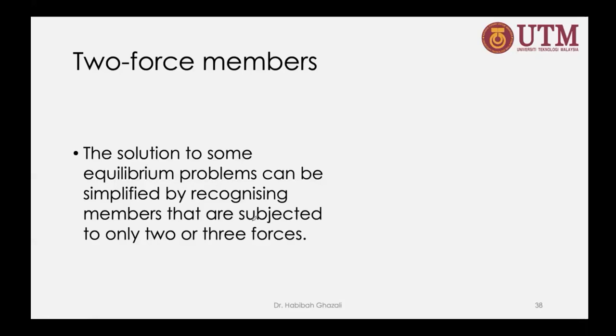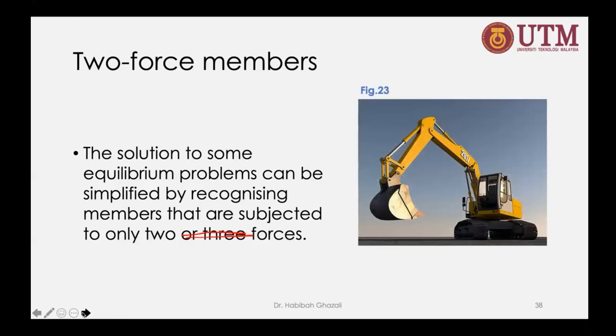It's not 3. There is also a 3-force member, but I did not include that in this. So for example, here the hydraulic arm AB and hydraulic arm CD are typical examples of 2-force members. So in this toy, this part here is a 2-force member.